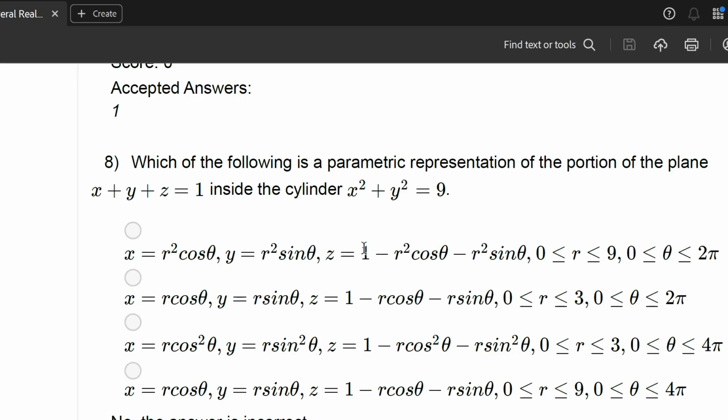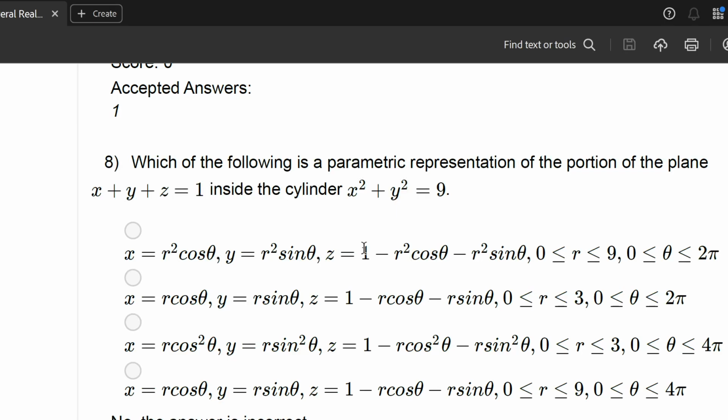Tell me this first. The cylinder. Yeah, the cylinder, but now the question is why.